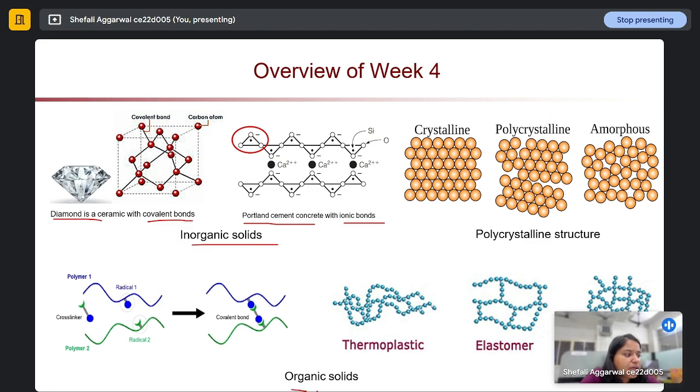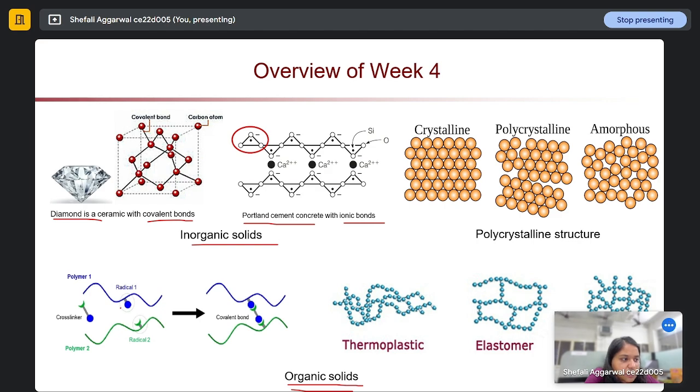what are the organic solids? Organic solids can be defined as long molecules of covalently bonded carbon atoms. When we have long carbon chains, those types of materials are normally called organic solids.